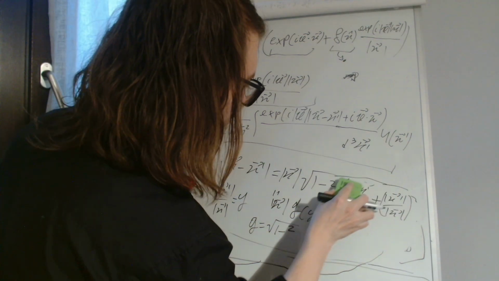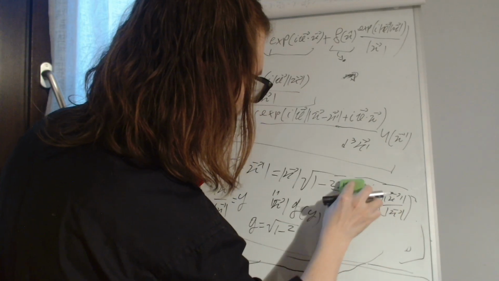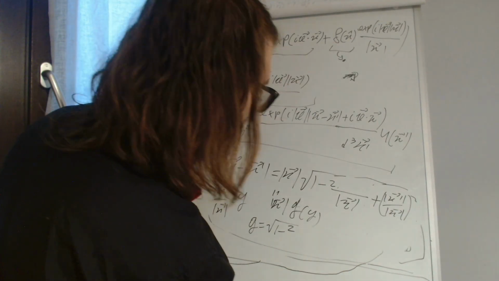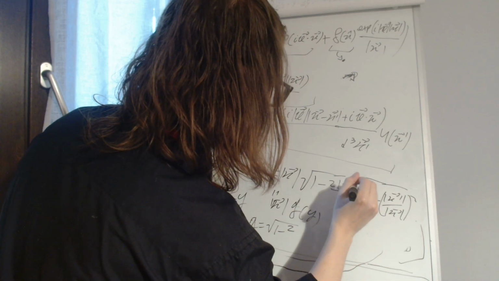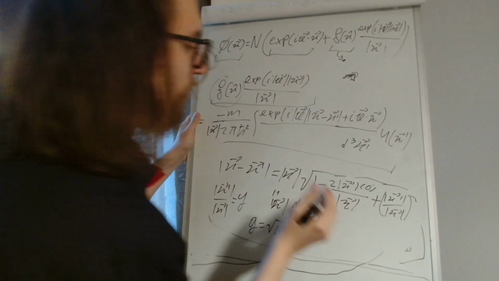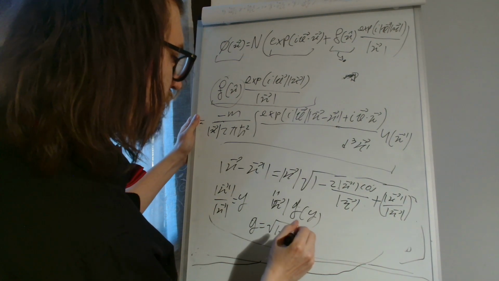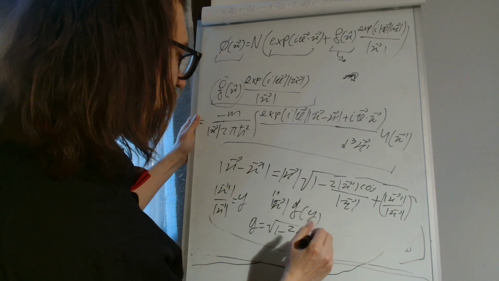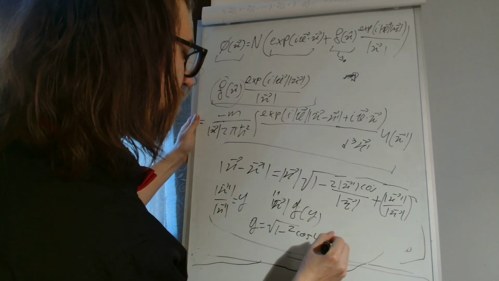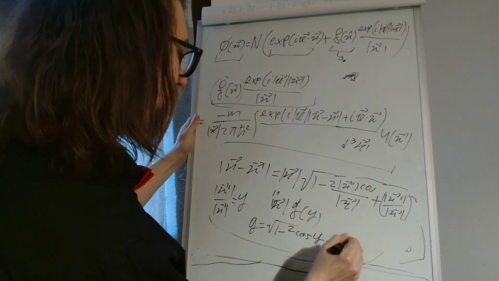This dot product here can be written as the modulus of x prime times the cosine of the angle between x and x prime. So this is minus 2 cosine times y plus y squared.